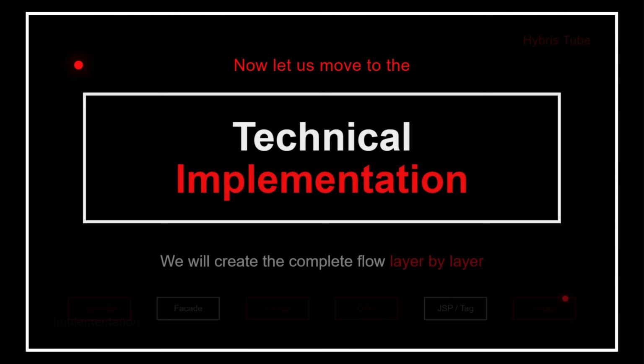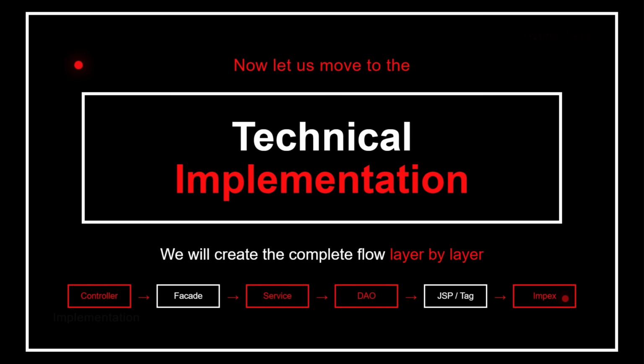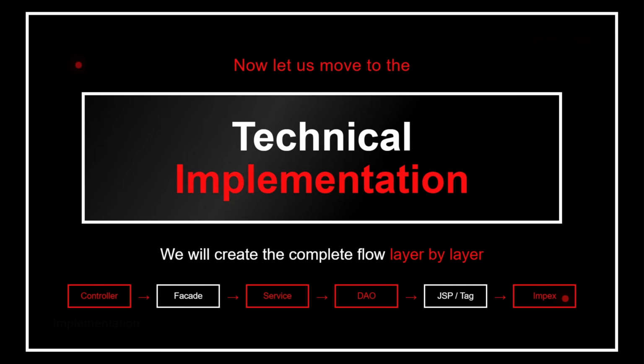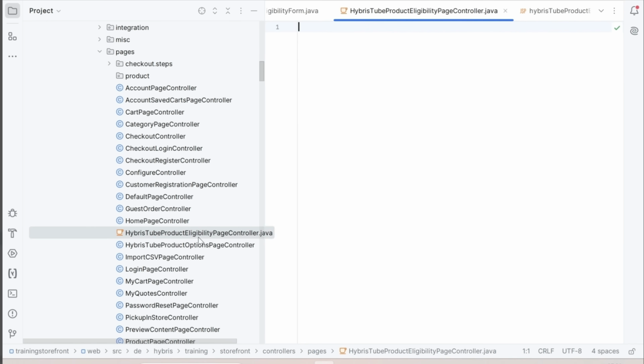Now let's start the technical implementation of this requirement. We will start with creating the controller layer. Please remember that in SAP Commerce Storefront, the controller is responsible for handling the web request. In our case, we have created the HybrisTube Product Eligibility Page Controller.